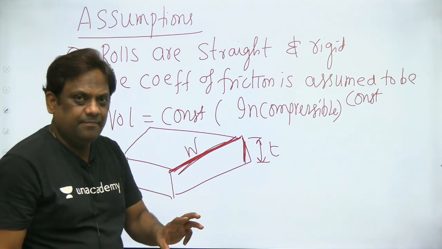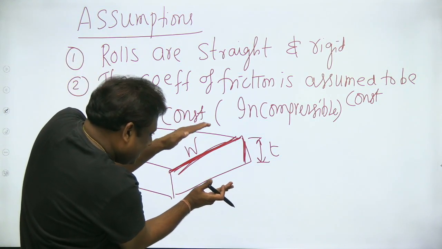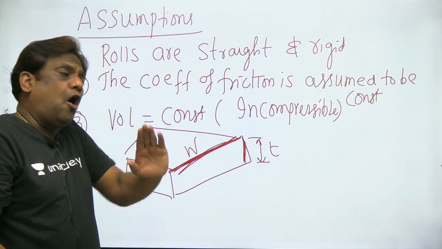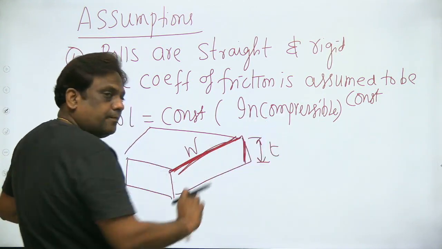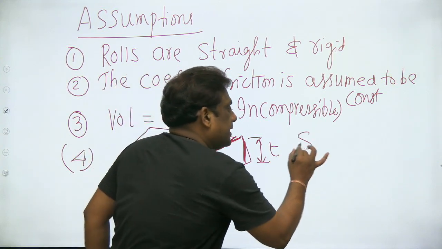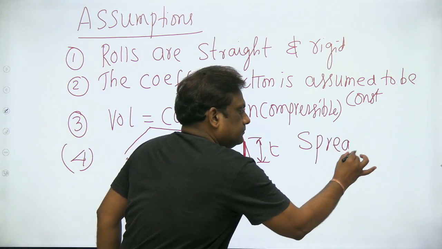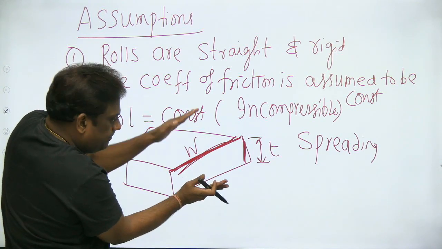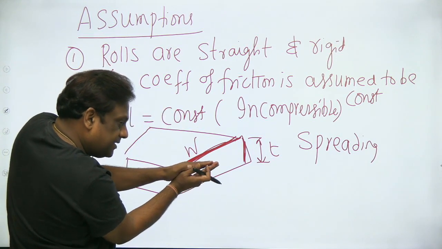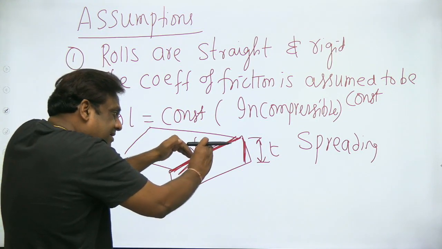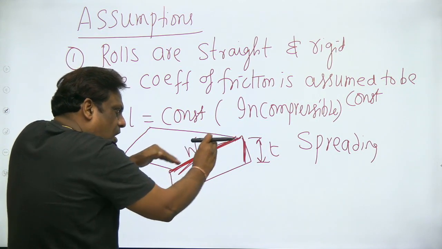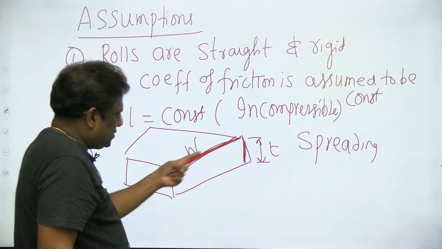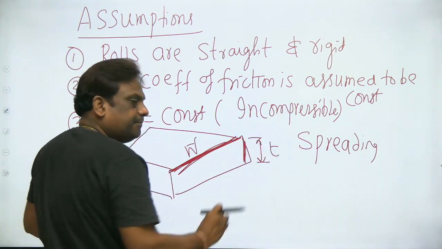What does this mean? Actually, there is a reduction in thickness, so there is a possibility of the flow of material in the width direction also, which we call spreading. I repeat, when there is a reduction in thickness, there is a possibility of extension of the material in this direction. So when there is a change in width, we call it spreading.